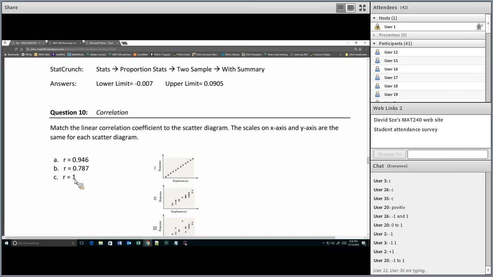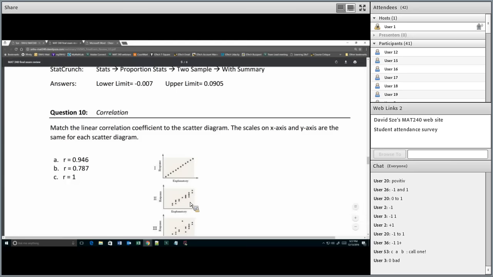Very good. -1 is the minimum value that correlation can take, and +1 is the maximum value that a correlation can take. +1 means you have perfect positive correlation like this. As x increases, y increases. Negative correlation means -1. If this was -1, then the graph would go down in a straight line. Okay. 0 means there is no correlation. The data is scattered all over the place.